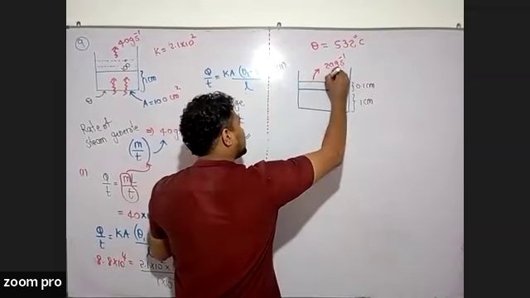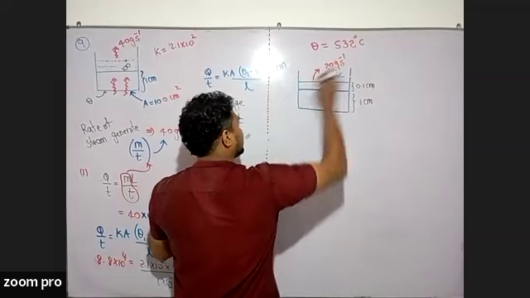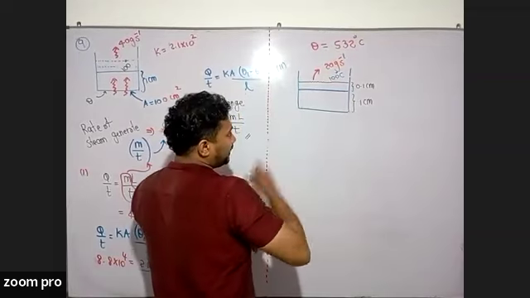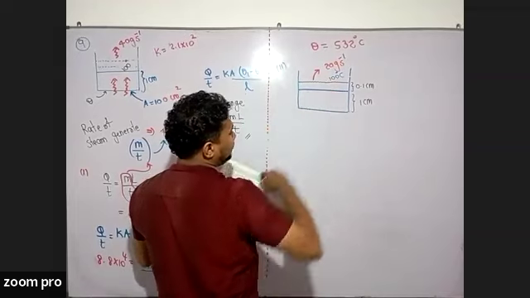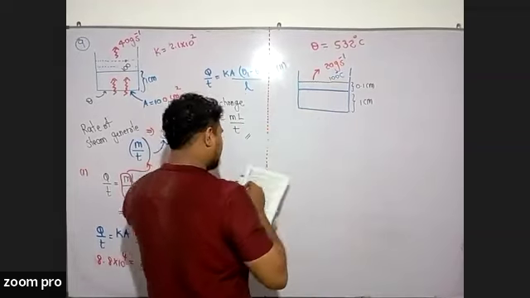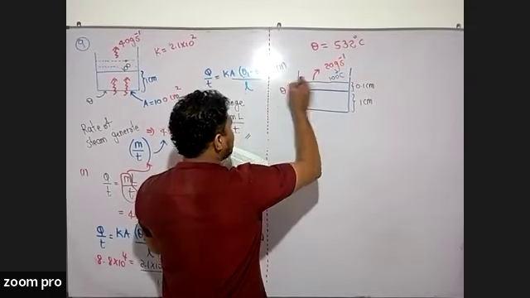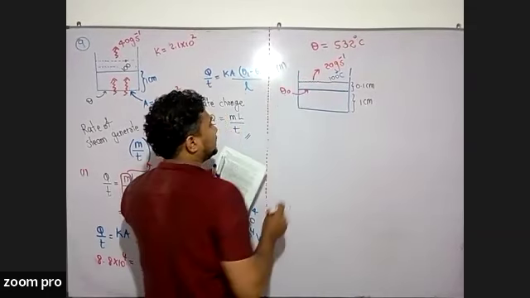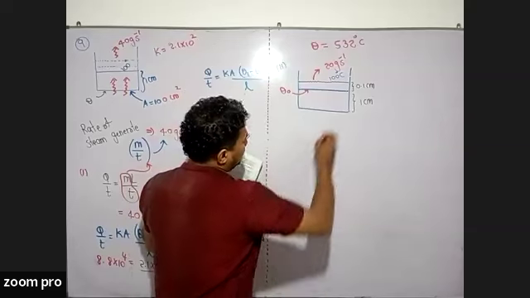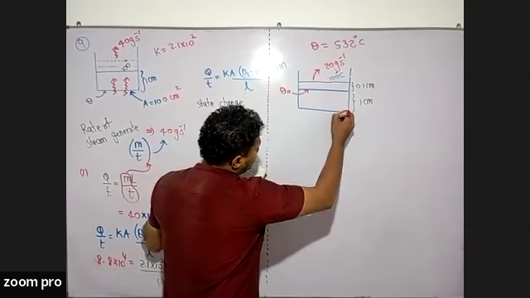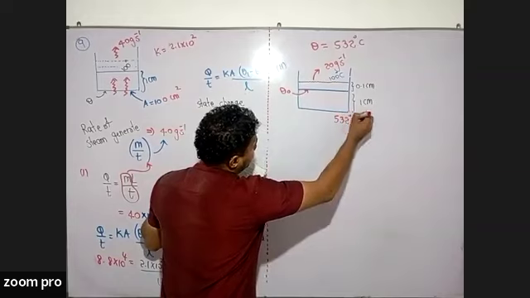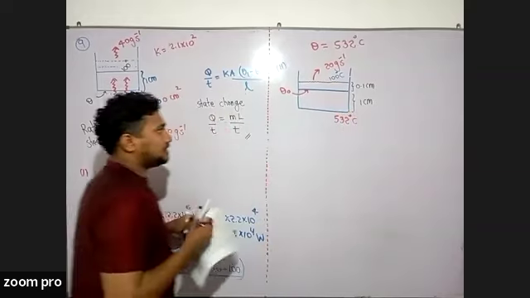Now the temperature at this surface should be 100, right? Then you can figure out there's a junction between these two layers, isn't it? So then we have to consider the temperature at this layer as theta naught. And keep in mind, guys, the temperature at the outer surface definitely should be equal to 532 Celsius, isn't it?